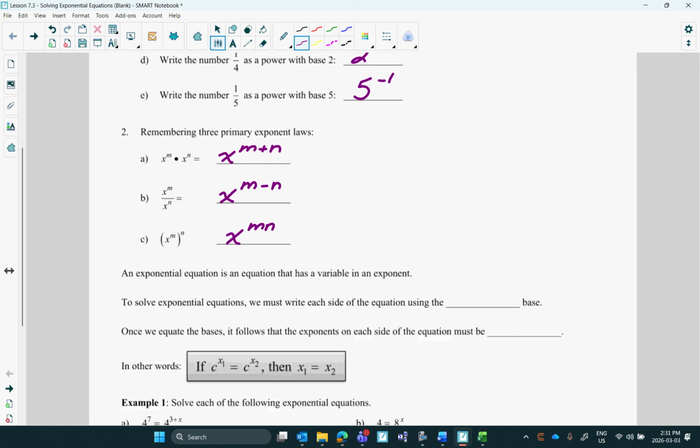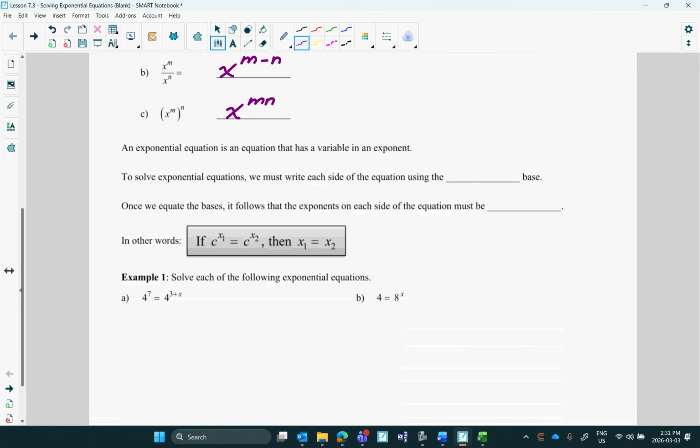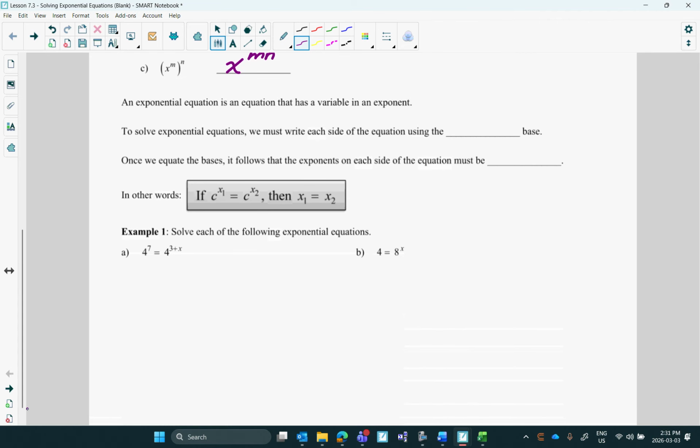So what's an exponential equation? Well, it's an equation that has powers in it, and there's a variable in one or more of the exponents. So how do we solve these things? First thing we want to do is get the bases on each side of the equation the same.